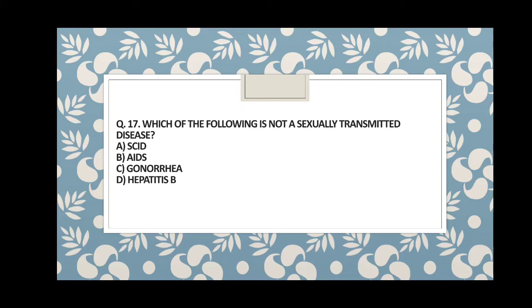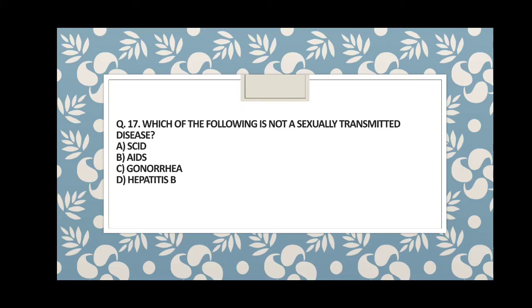Which of the following is not a sexually transmitted disease? A is SCID, B is AIDS, C is gonorrhea and D is hepatitis. So guys, here I would like to tell you that you have to remember all the STDs and the pathogens. Which pathogen is going to cause the sexually transmitted disease?